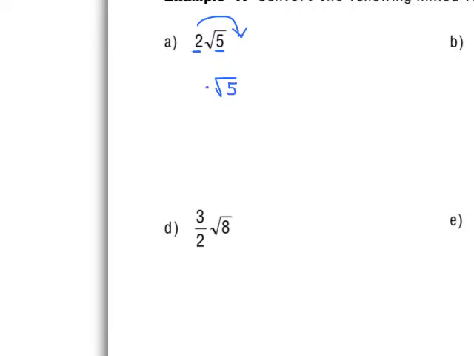Now there's my multiplication sign in between, the invisible one. How can I rewrite this 2 as a radical? Well, I know that the square root of 4 equals 2. So I can rewrite the 2 as the square root of 4. Hopefully everybody's with me on this one.